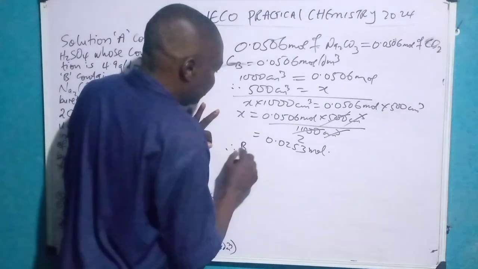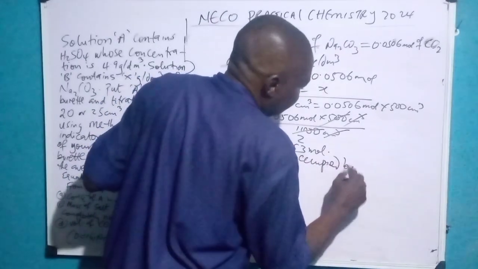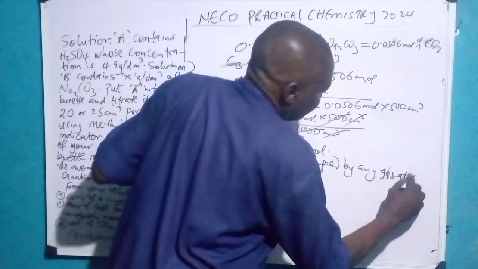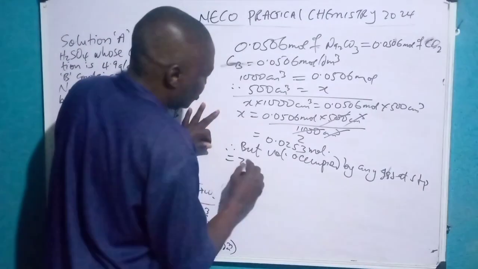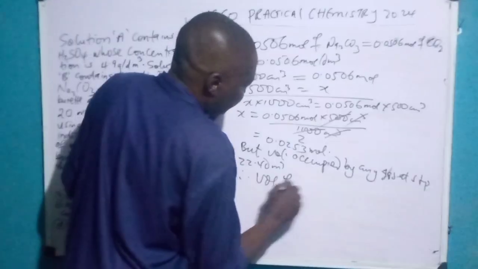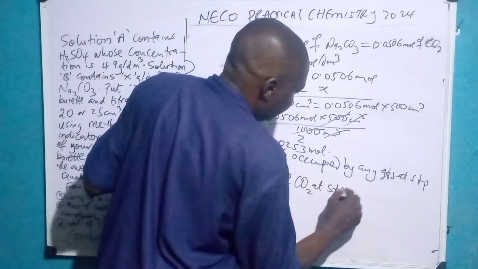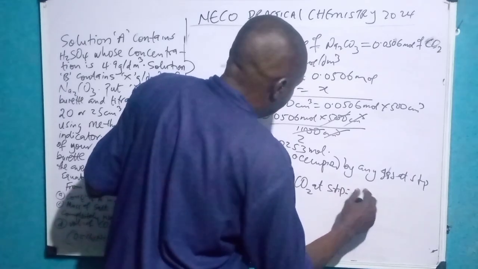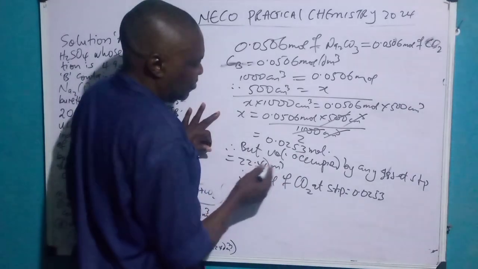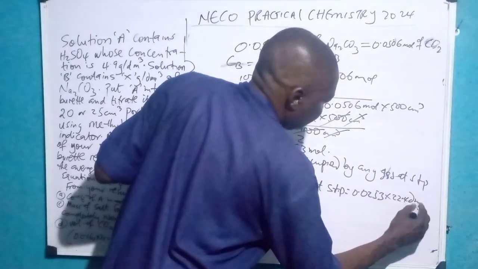Therefore, we say the volume occupied by any gas at STP is equal to 22.4 dm3. Therefore, volume of CO2 liberated at STP will now be 0.0253. We are already converting this one to 22.4, so no need to write that again. Times 22.4 dm3.